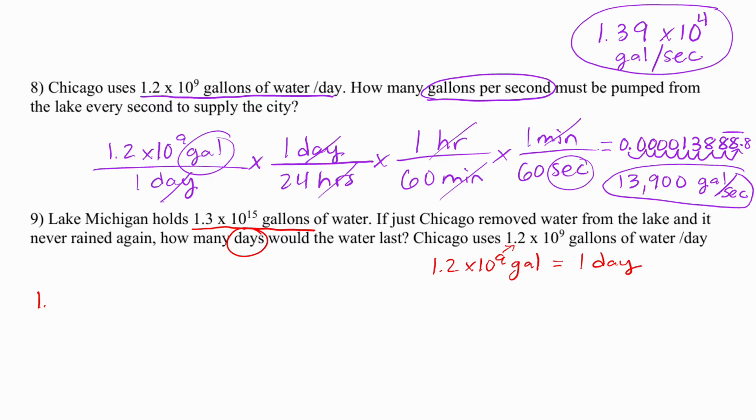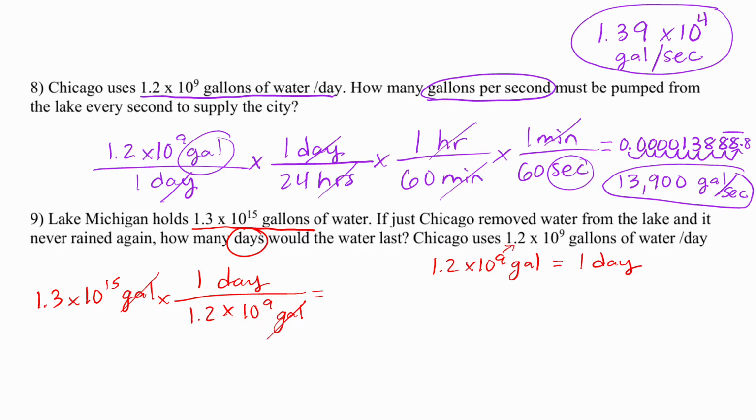So we're starting with 1.3 times 10 to the 15th gallons. We want to just end up with days. And we know that in 1 day, Chicago uses 1.2 times 10 to the 9th gallons. So our gallons cancel out. If we remember our rule for dividing exponents, we're going to subtract 15 and 9.